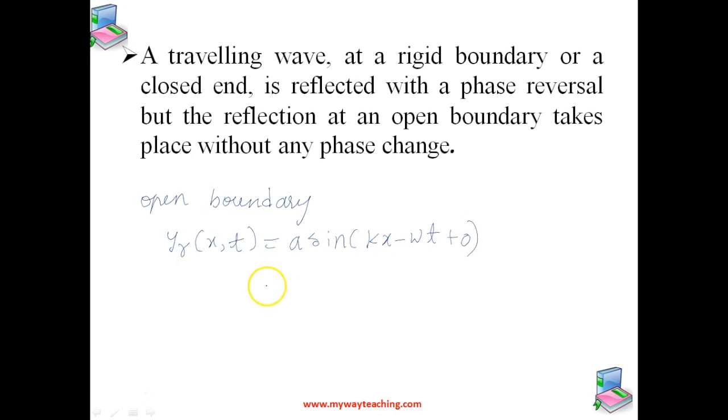So at the rigid boundary, y is equal to y1 plus yr is equal to 0 at all times.